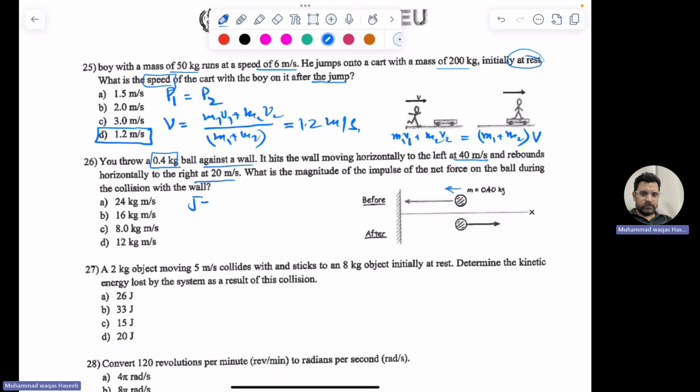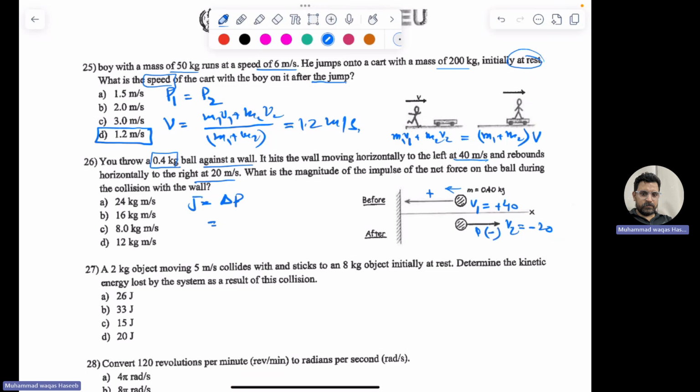Your impulse is nothing but the change in momentum. This is moving in this direction, so this velocity v1 is negative 40. Or you can say this is positive and this is negative, it could be anything, because we take this direction to be positive and this direction to be negative.